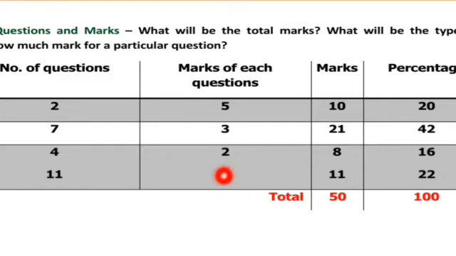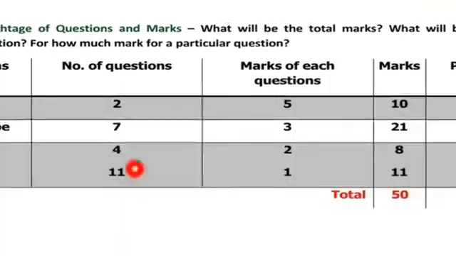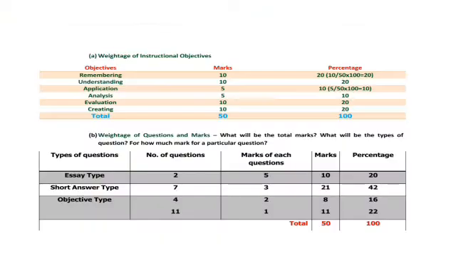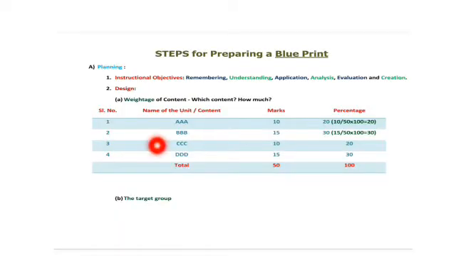Each question will be of 1 mark, and the other objective type is each of 2 marks. So out of this 1 mark, there will be 11 questions. These 11 questions can be at any level. It is not compulsory that all will come under the remembering part. So you have to distribute as per the objective and as per the unit.